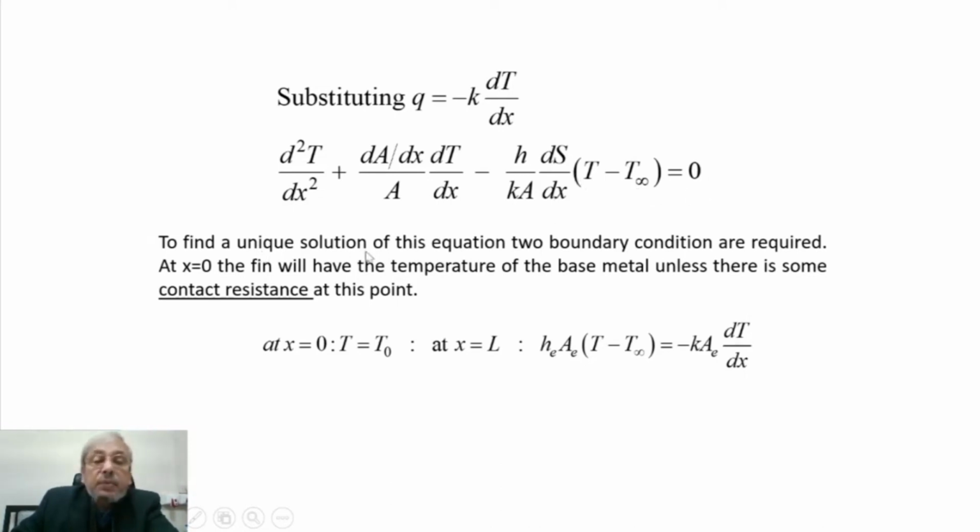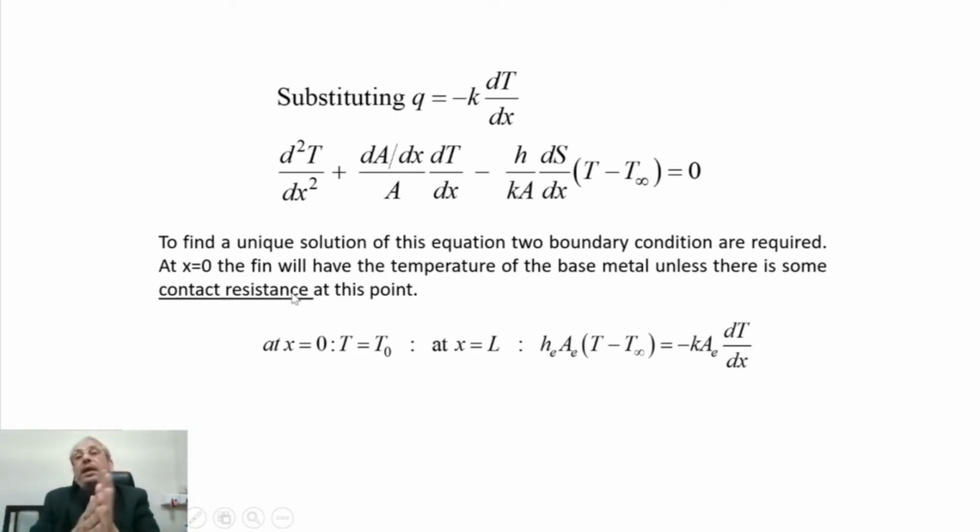To find a unique solution of this equation, we can see it is a second order differential equation, so two boundary conditions are needed since the order of the equation is 2. At x equal to 0, the fin will have the temperature of the base material, unless there is some contact resistance problem.